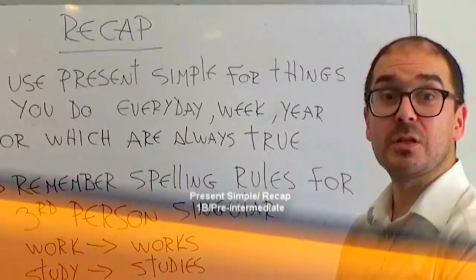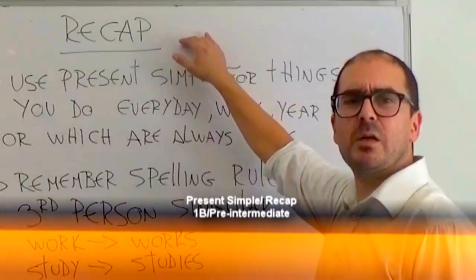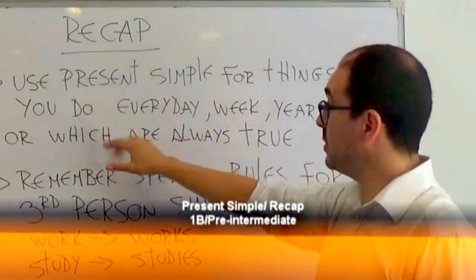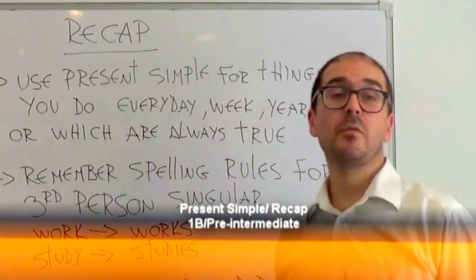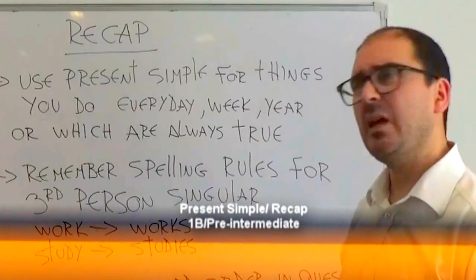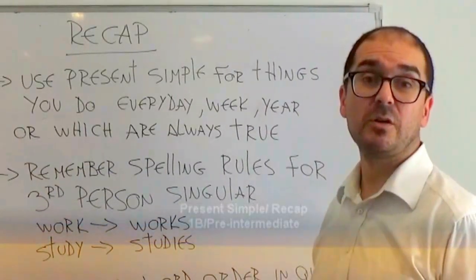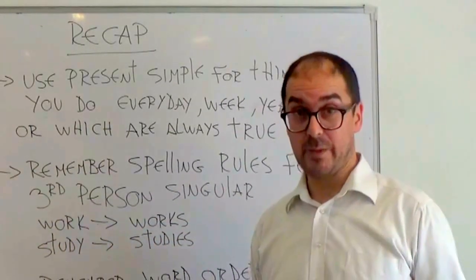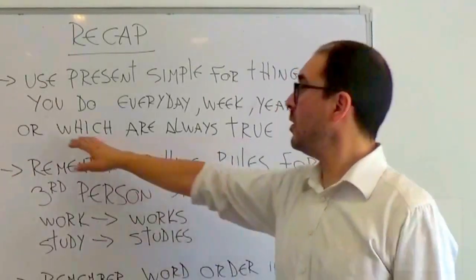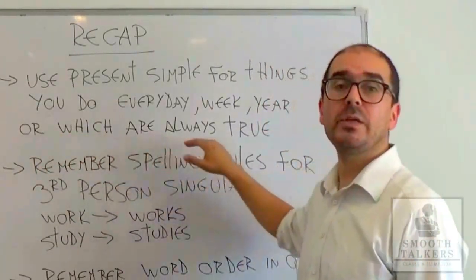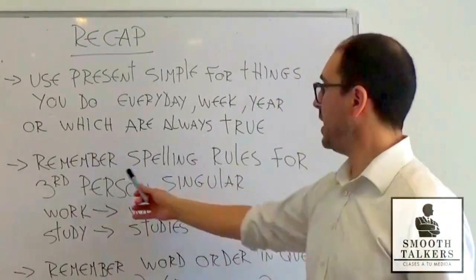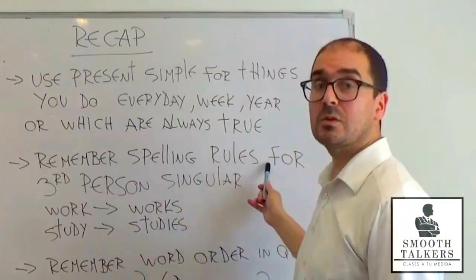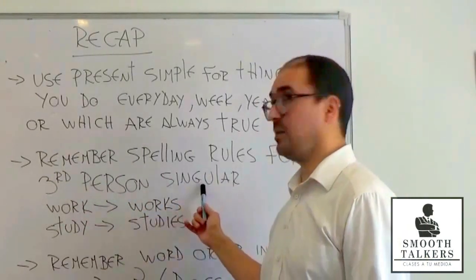Okay, we're almost done. So let's recap a few things that we showed in this video. So, use present simple for things you do every day, every week, or every year. Things in general, remember, that's the key. Or things which are always true. We're speaking about the big picture here. And remember the spelling rules for the third person singular.